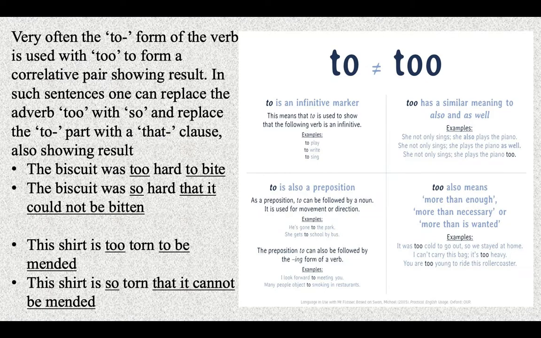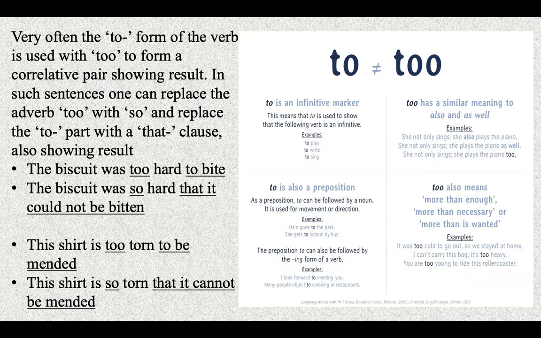Now, very often the to form of the verb is used with too, T-double-O, to form a correlative pair showing result. In such sentences, one can replace the adverb too with so and replace the to part with a that clause also showing result. Now here in the example, the biscuit was too hard to bite. So when you have to change or remove too, you use so.